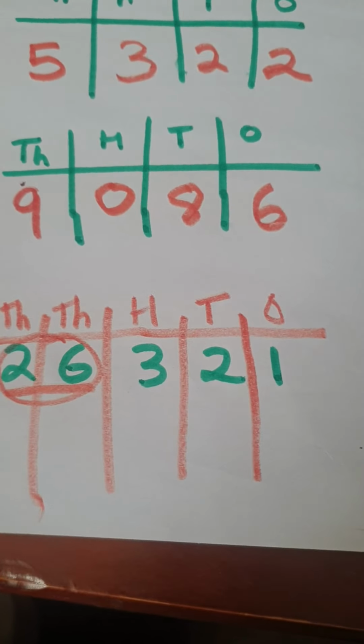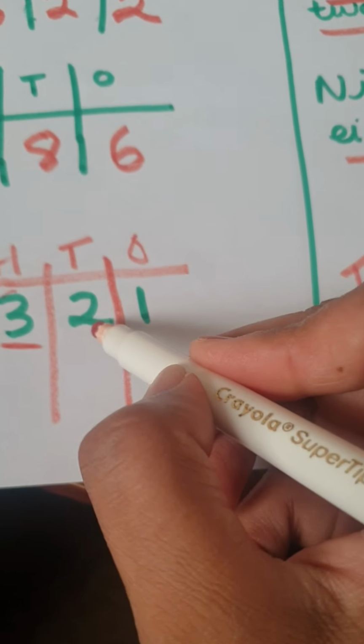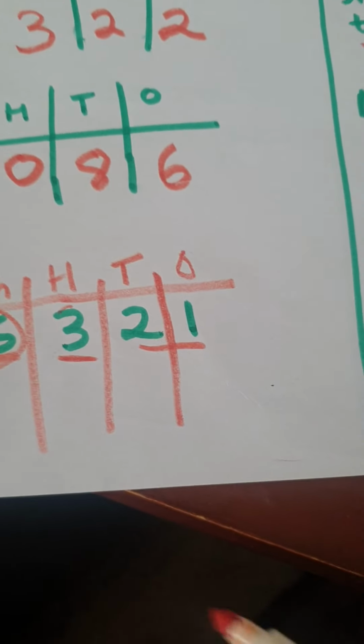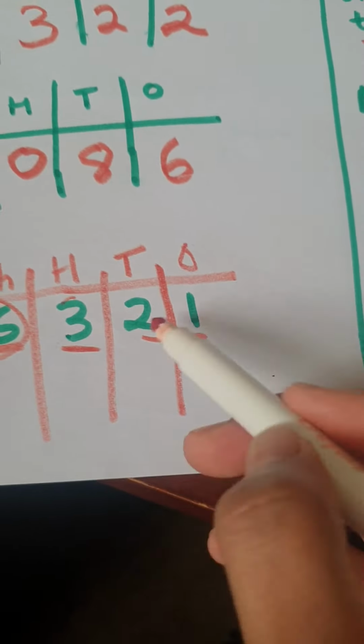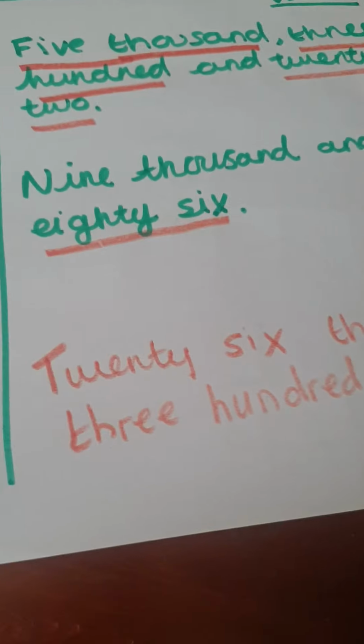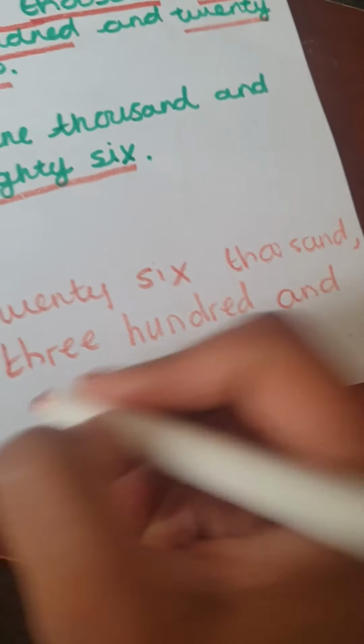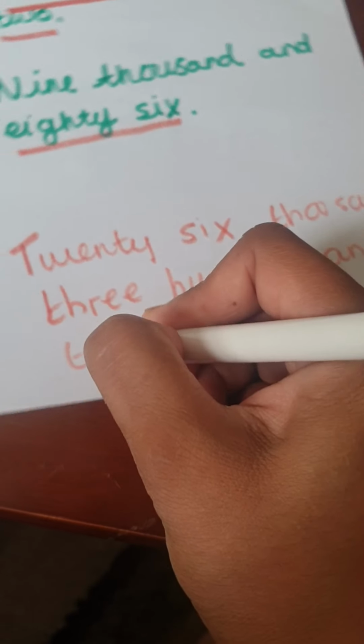Okay, 300, perfect. And now that we get to the last two digits, how many tens do we have? 2 and 1, which equals 21. So then we're going to finish it off with and 21.